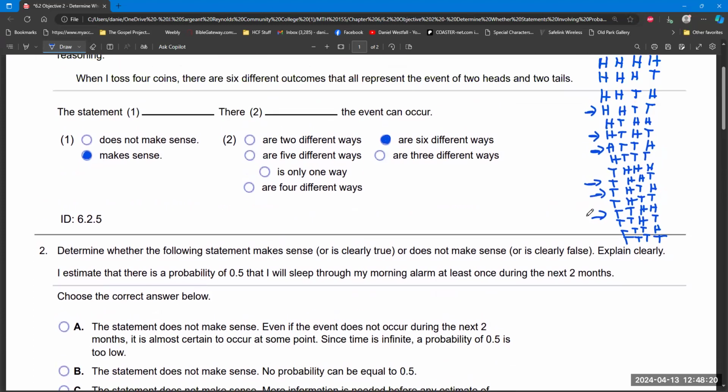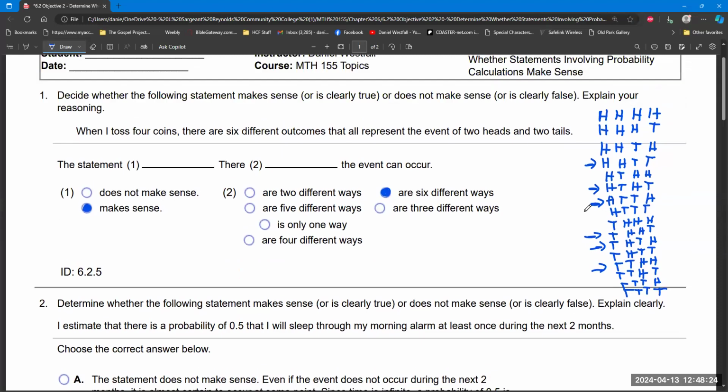We also could have done that with a tree. The trees actually get real big real fast. So if I started off with my first coin and said that it was heads or tails, my second coin would be heads or tails, and then the third one is heads or tails.